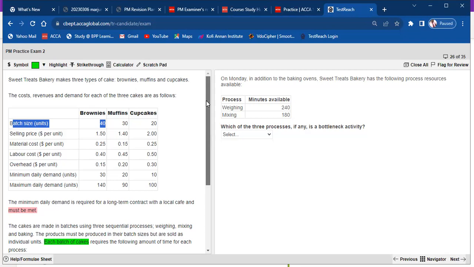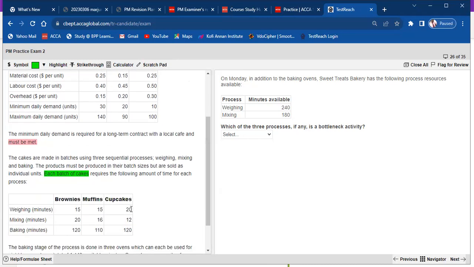Right. So I am looking at maximum demand to calculate the shortage of resources that I have. If maximum demand is to produce 140 units and the batch size is 40, my question is, how many batches will I produce? Why am I working that?